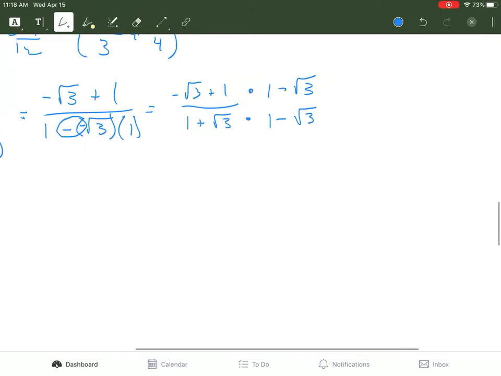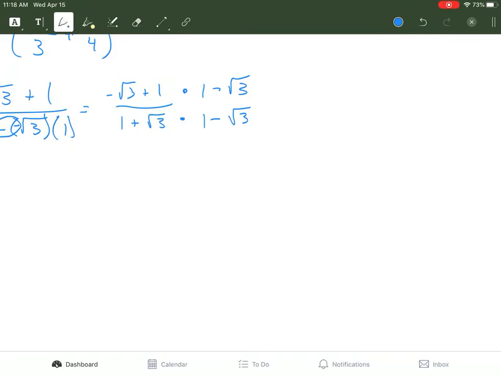Okay. Now we distribute. Negative root 3 times 1 is negative root 3. Negative root 3 times negative root 3 is positive 3. 1 times 1 is 1. And 1 times negative root 3 is negative root 3. All right, on the bottom, 1 times 1 is 1. 1 times negative root 3 is negative root 3.